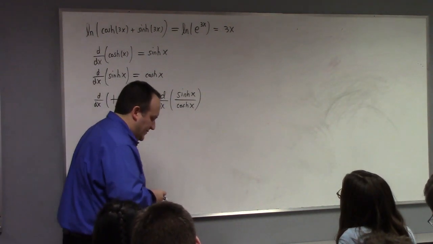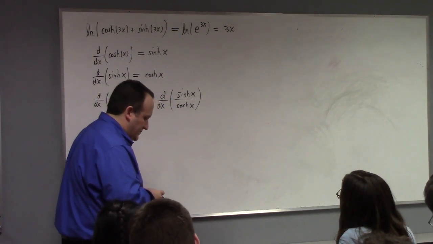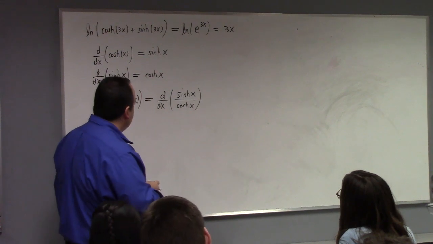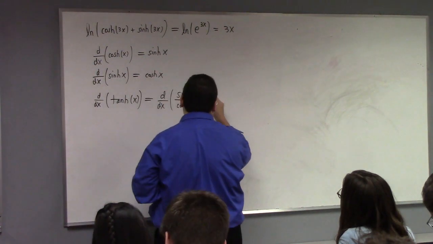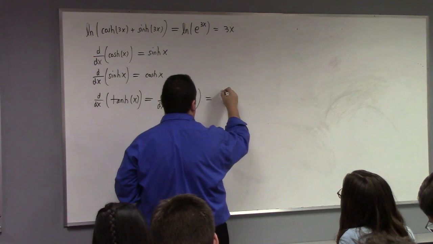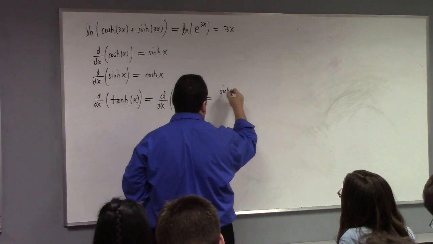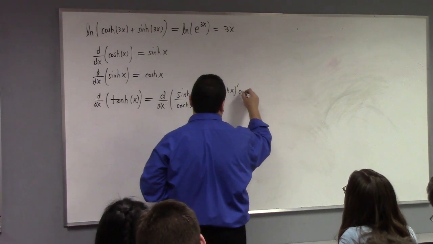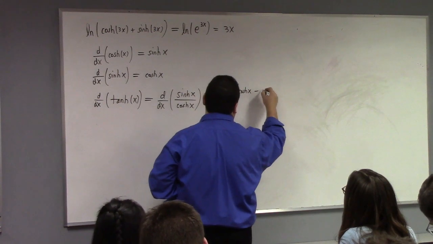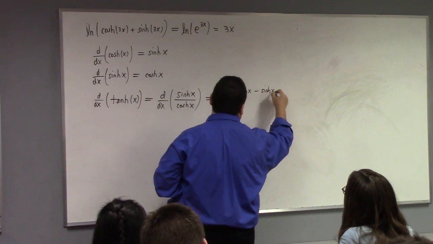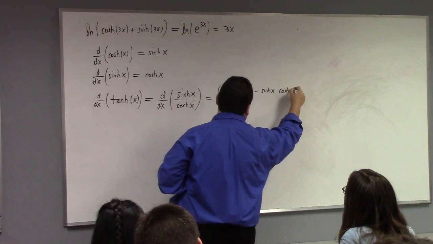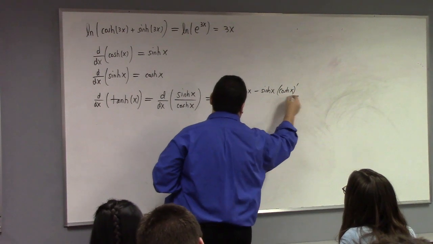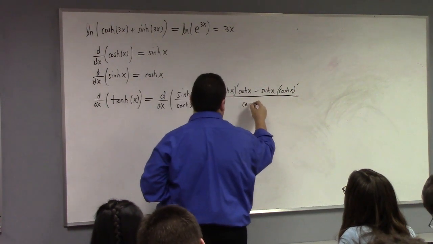I mean, there might be another, but nothing I should do. So I do the derivative. Let me use prime notation, if you don't mind. So this is sinh prime times cosh minus sinh times cosh prime, all divided by cosh squared.